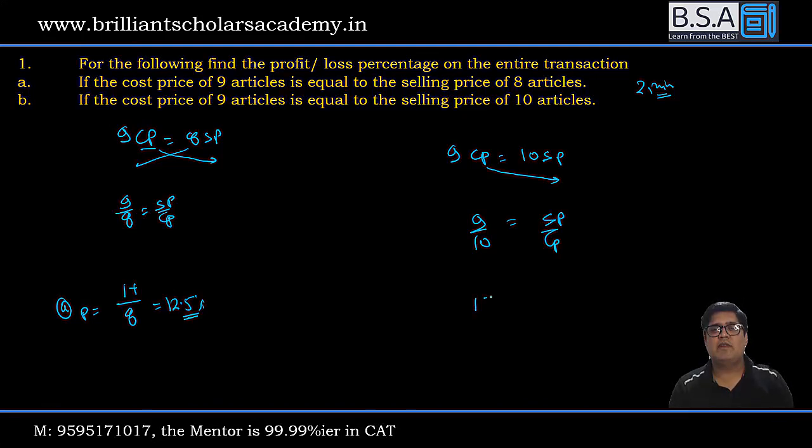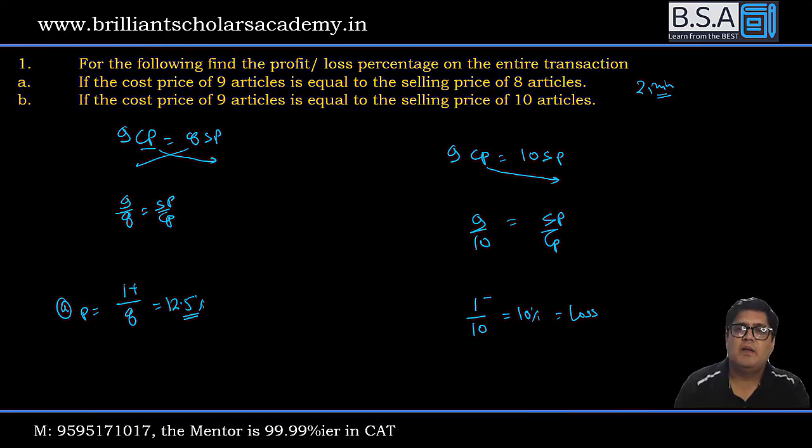So there is 1 rupee ka loss on 10. There is 1 rupee less, the minus sign, 1 rupee less on 10, which is 10% loss. Simple enough, very simple, no rocket science, take your time. Profit or loss, cost price has to come down in the denominator.